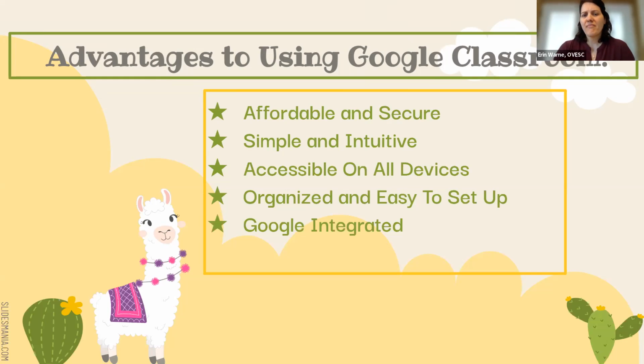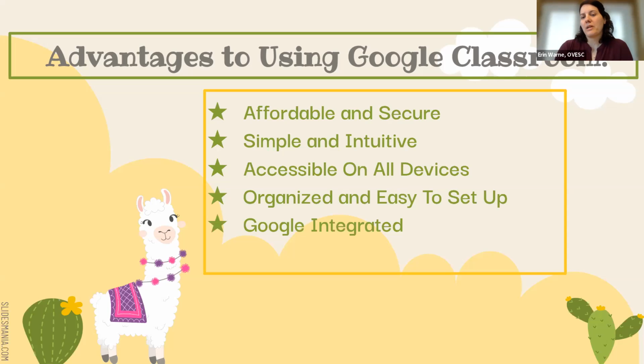And again, it's accessible on all devices, which is really great. So iPads, laptops, Chromebooks, mobile phones, cell phones, all of these things Google Classroom is able to be on. So even if maybe they don't have reliable internet service, but they can get a cell phone signal, students are still able to log on to Google Classroom.